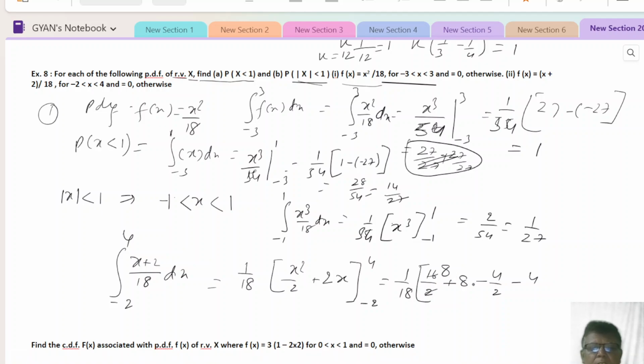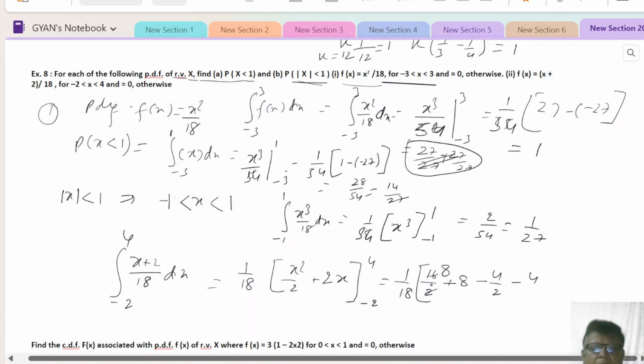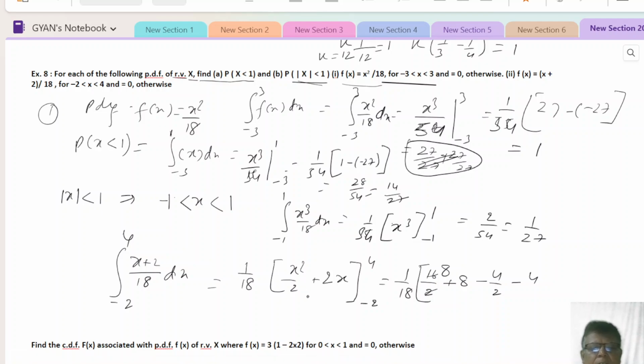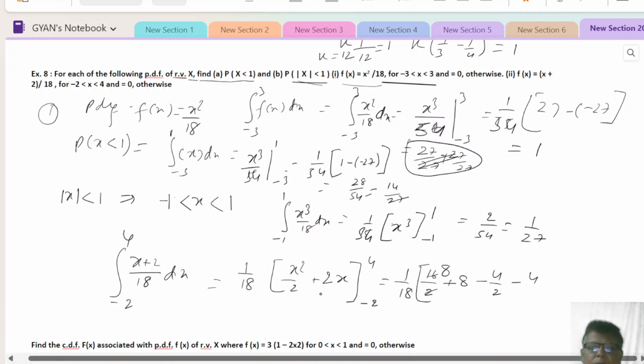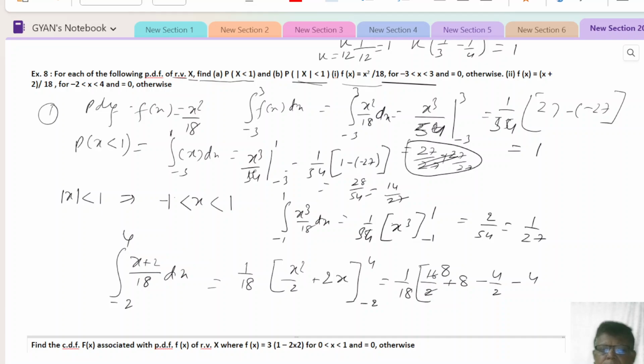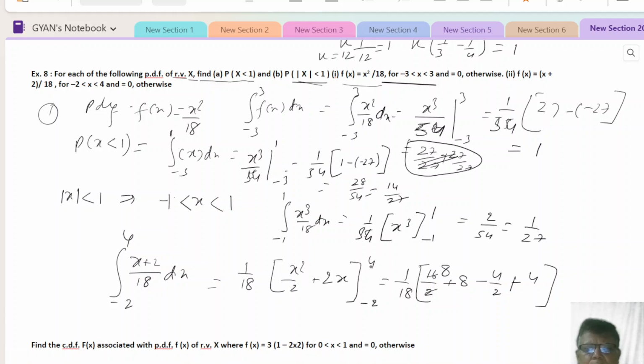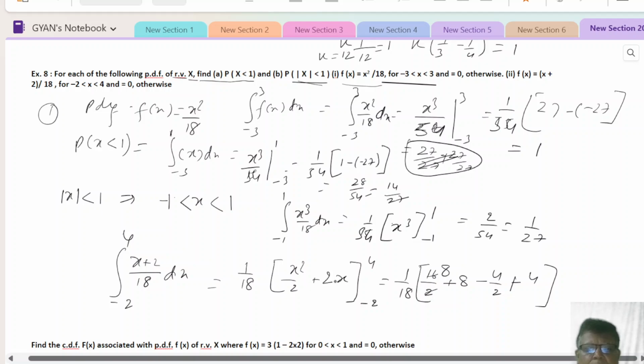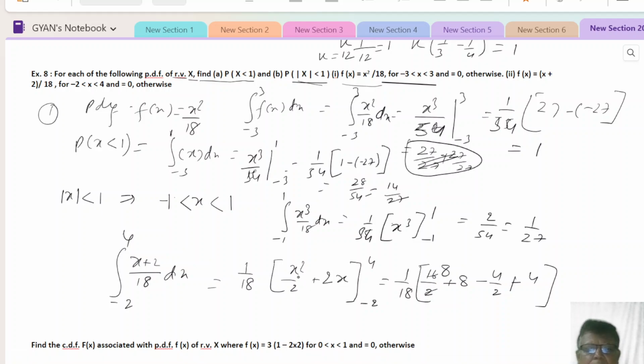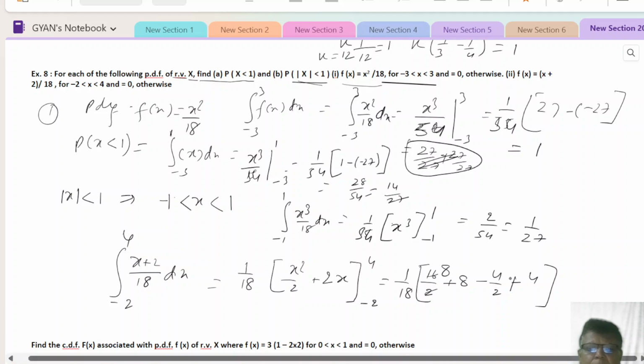So that is 8, x square by 2, 6 square by 2, so here it will be plus x square minus 4 minus 2 minus 2, minus 4 by 2.